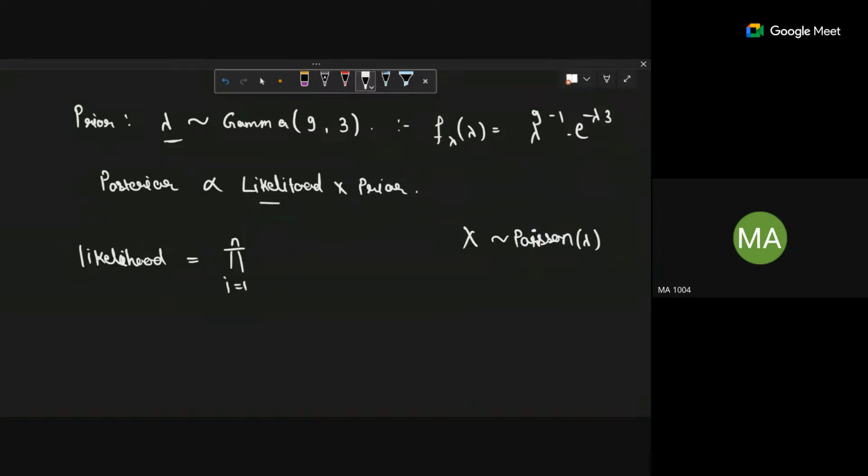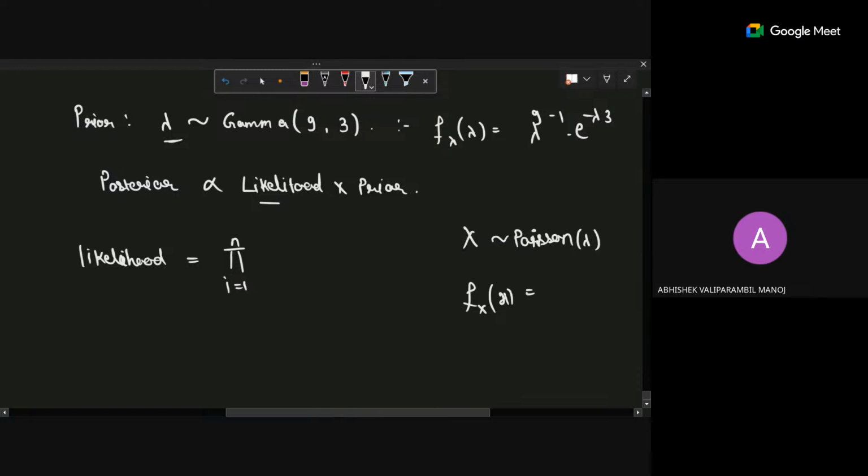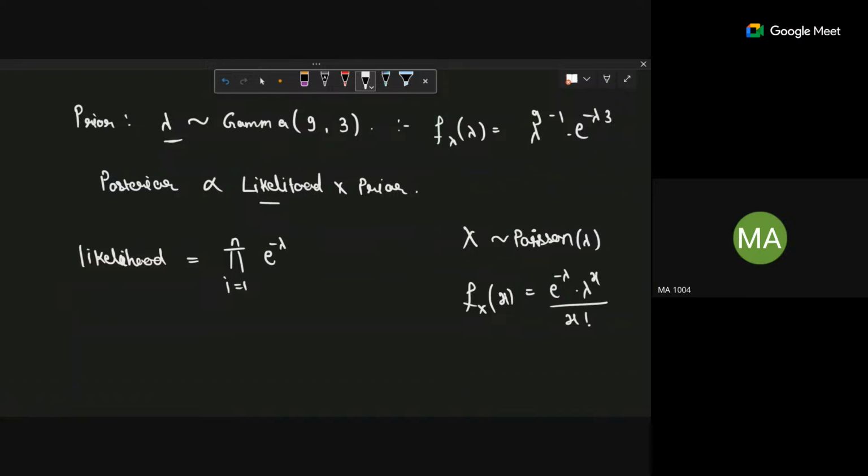So its distribution will be e to the power minus lambda, lambda to the power x, upon x factorial. So the likelihood will be the product of e to the power minus lambda, lambda power xi upon xi factorial.